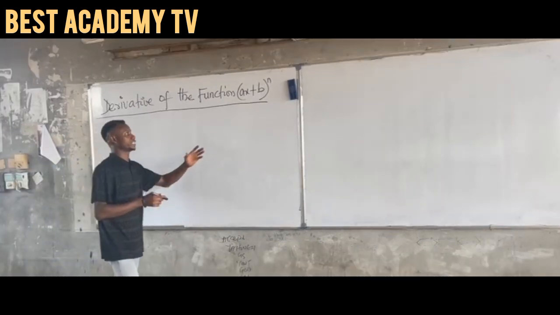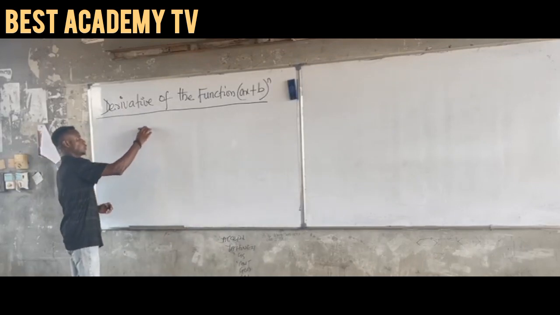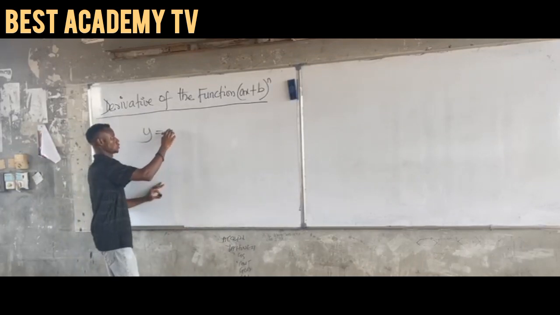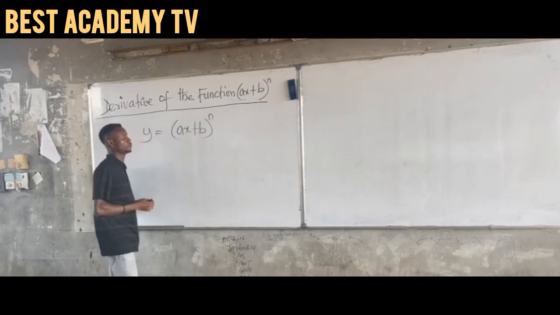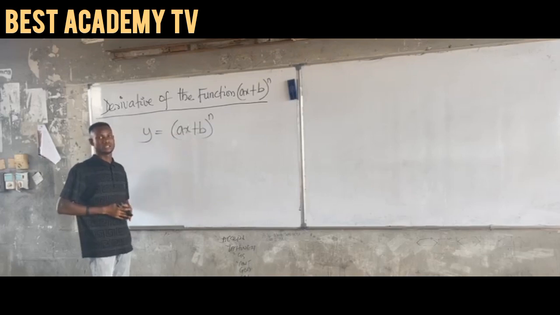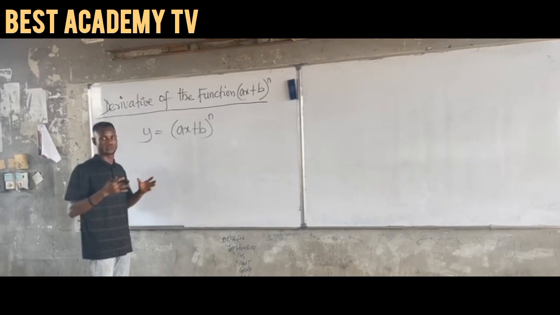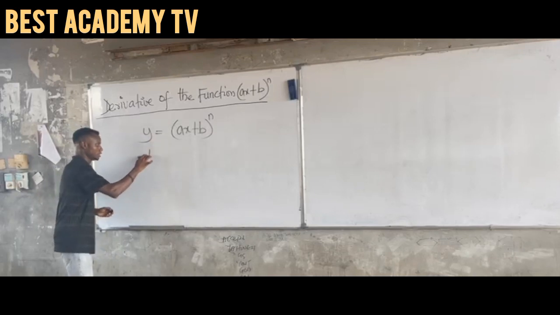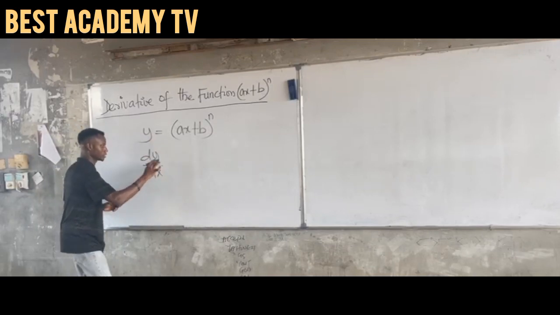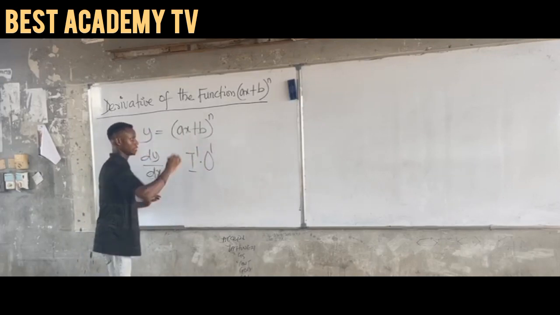Let's consider y = (ax + b)^n. Here, the inside is ax + b, and the outside is the bracket raised to the power n. So dy/dx is equal to the inner derivative times the outer derivative.